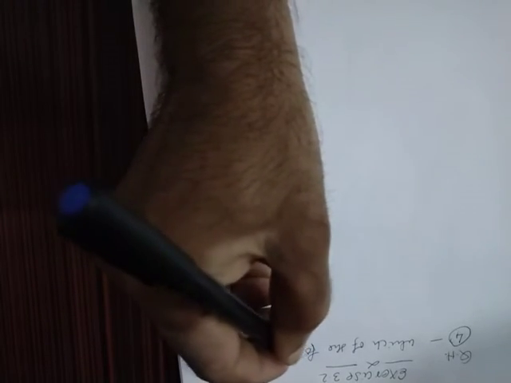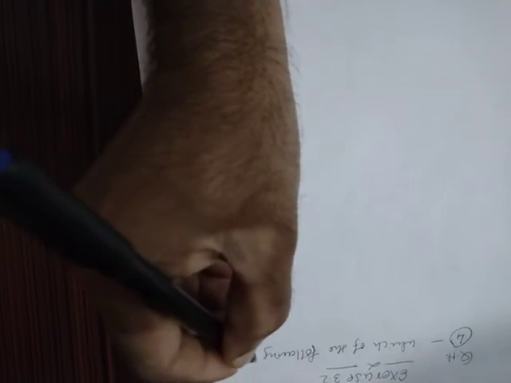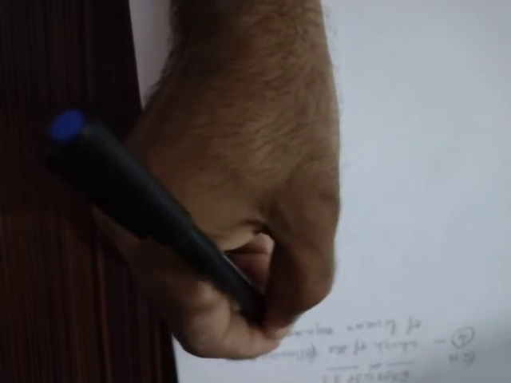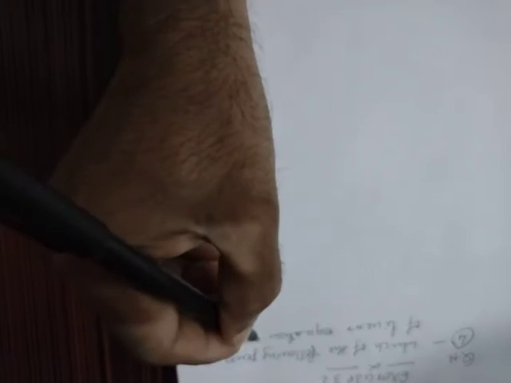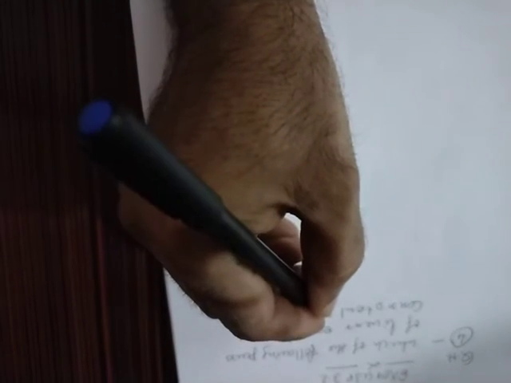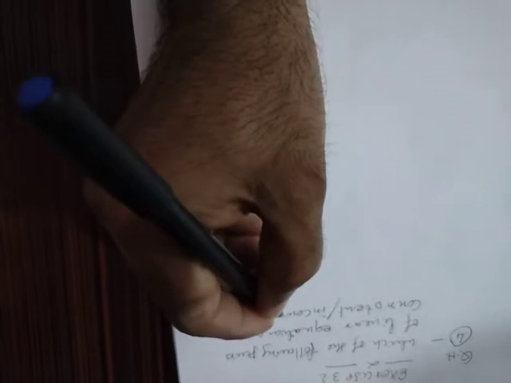Which of the following pairs of linear equations are consistent, inconsistent?